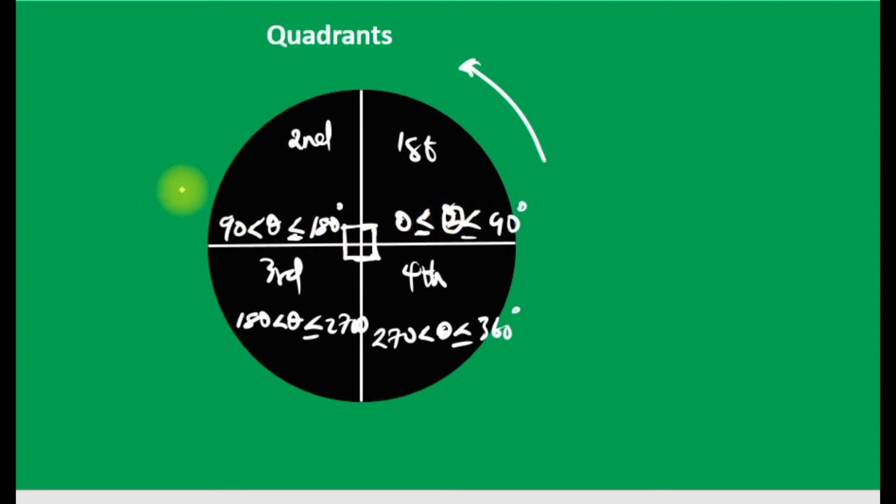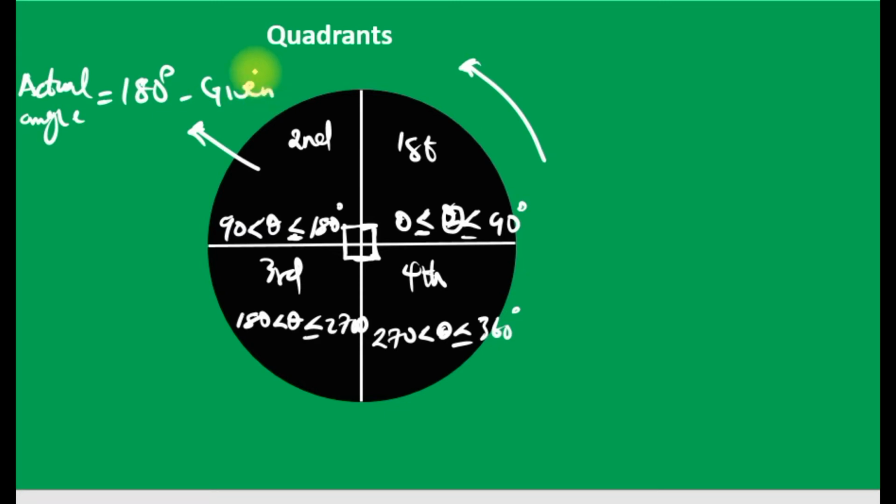But the target is to learn how to convert. In the second quadrant, the actual angle is always 180 minus the given angle. So any angle that falls within the second quadrant, you subtract it from 180. That's the angle that you use.